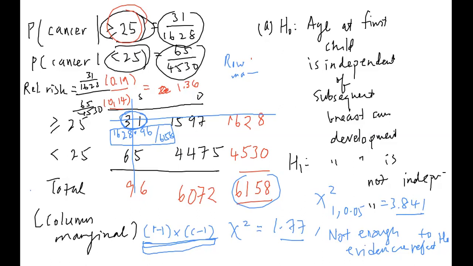So this seems to be interesting, and actually people later did a follow-up study that's larger, right? And they actually found out that the statistical test actually rejected the null hypothesis of independence, right, with a larger sample size. Okay, so now it is generally accepted that as a woman has a child at a later age, they usually are at higher risk of getting breast cancer.